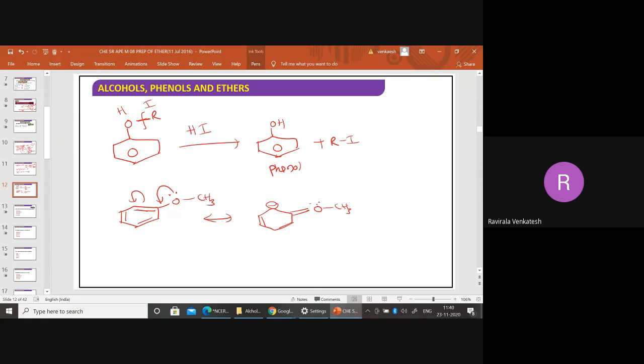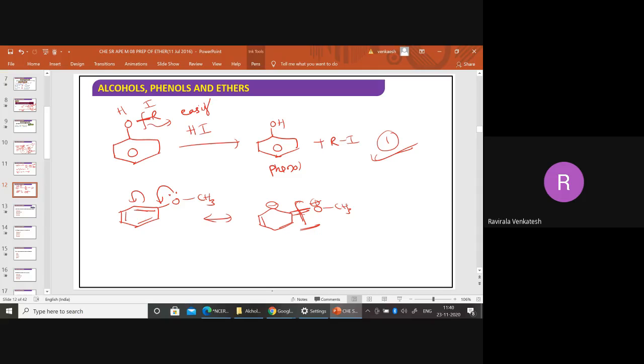Cleaving a double bond is difficult, but cleaving this single bond is easy, no? This is very easy for us, because how many bonds are you cleaving here? Only one bond. But here, how many bonds do we need to cleave? 2 bonds, because of partial double bond character. So that is the reason we always get only one combination. If you have a phenyl group on the ether, definitely only one combination is possible.